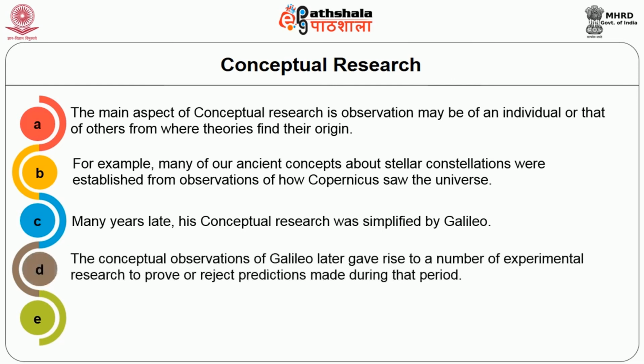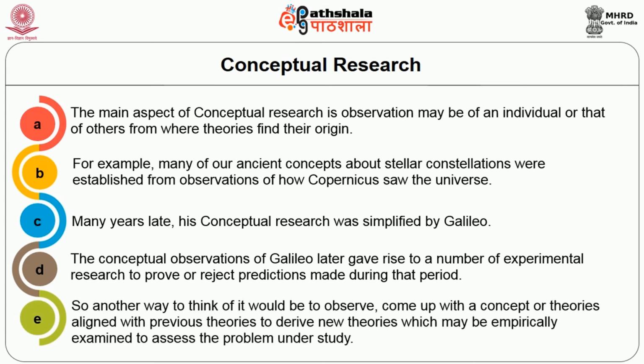The conceptual observations of Galileo later gave rise to a number of experimental research to prove or reject predictions made during that period. So another way to think of it would be to observe, come up with a concept or theories aligned with previous theories to derive new theories which may be empirically examined to assess the problem under study.